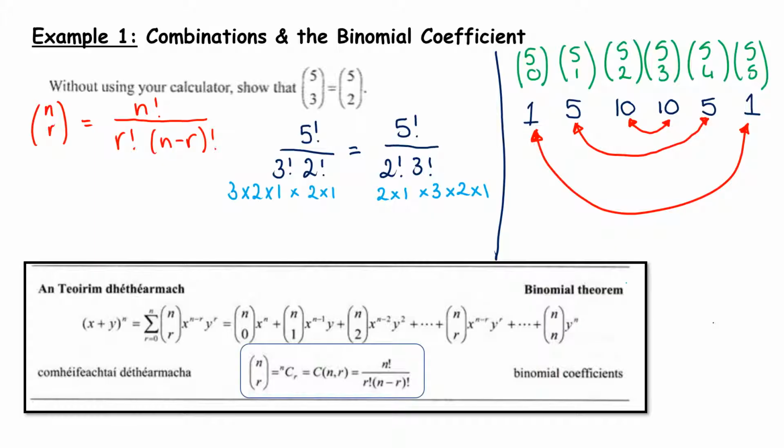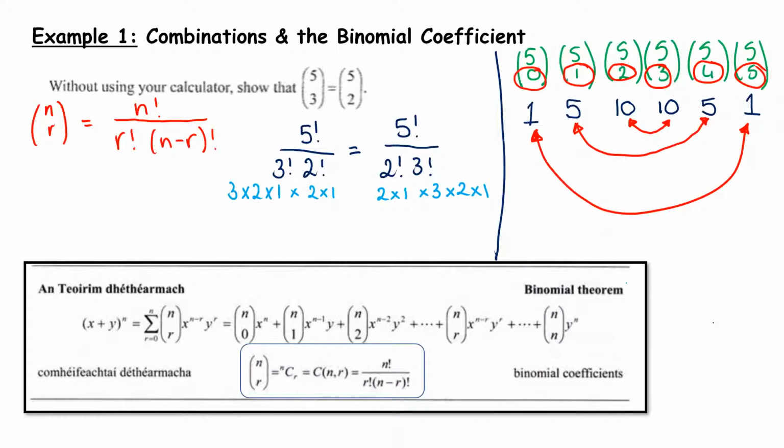If you take a look at our r, so remember that they're all n choose r, take a look at this number and this number. They are adding to 5. So when my r's add to 5, they'll be symmetrical. So for example, 1 plus 4 gives me the top number, which is 5, so they'll be symmetrical. And 2 plus 3 gives me 5, so they'll be symmetrical.